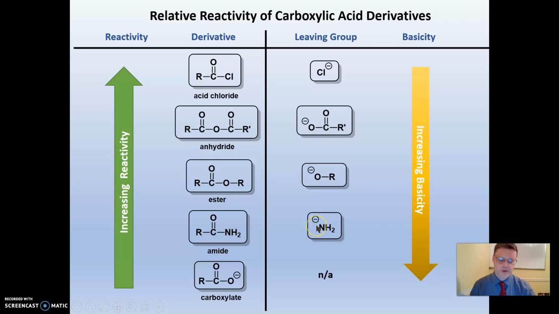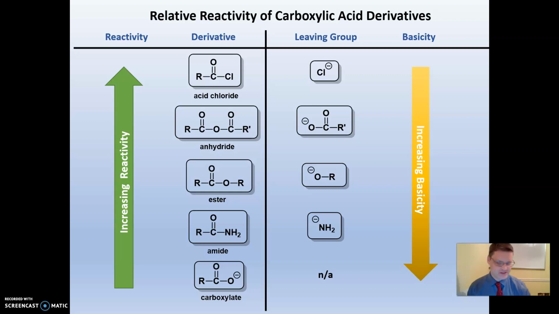They're not so happy about leaving and having this negative charge on them. So this is very, very basic. The pKa of its conjugate acid is a pretty weak acid, ammonia, which has a pKa of 36 or 38, whereas the pKa of hydrochloric acid is -7. So that's a very strong acid, which means this is a very weak base. So that's one way we can explain this reactivity trend.